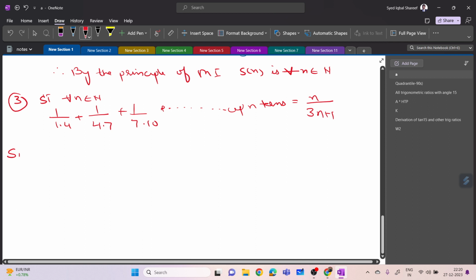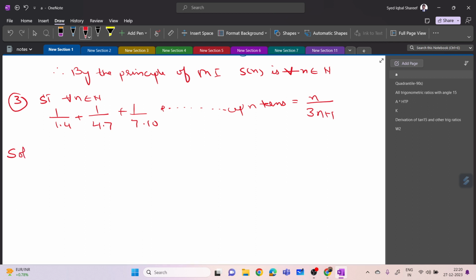Here in this problem, we don't have the n-th term of this series. So for the first terms we will take 1, 4, 7, and then for the second series we will take 4, 7, 10. So let me take the first series 1 plus 4 plus 7, and so on.